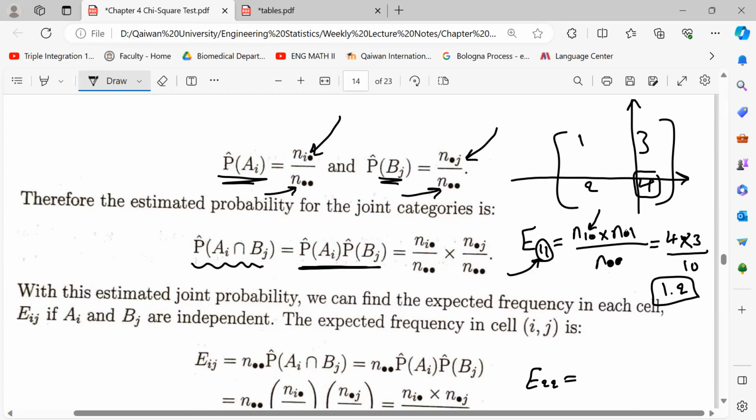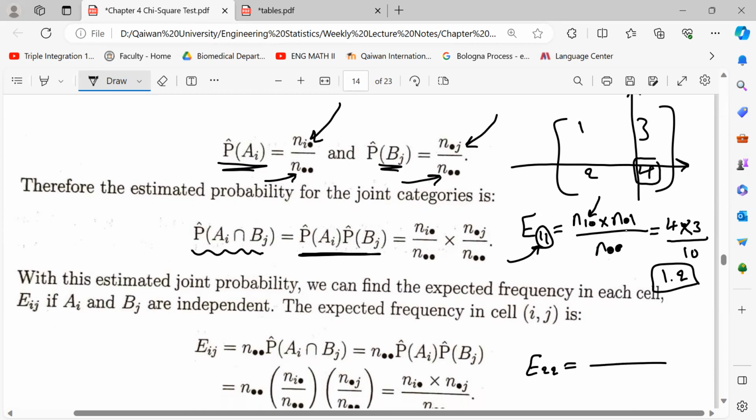Or we could say it's n2 dot times n dot 2 divided by n double dot. We find this from the table. It's easy. And then we find for all.